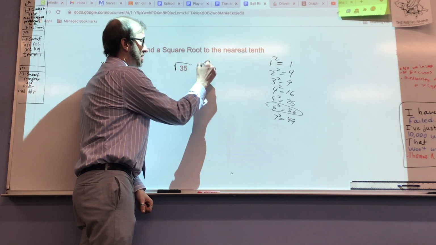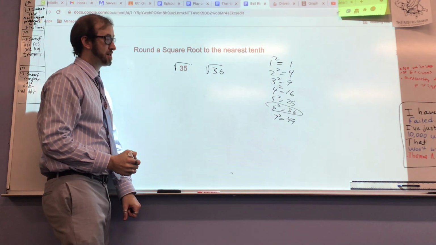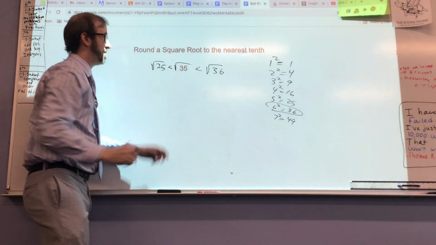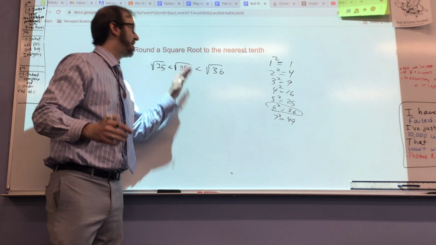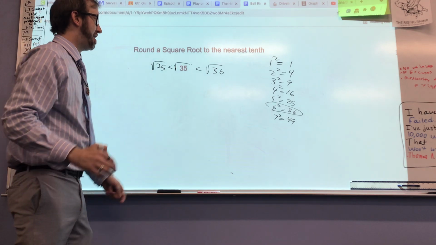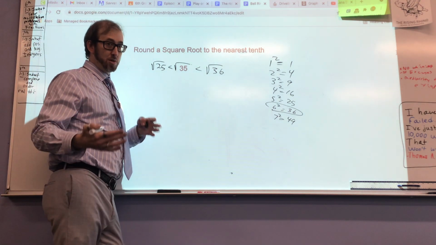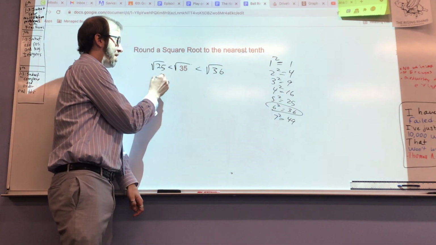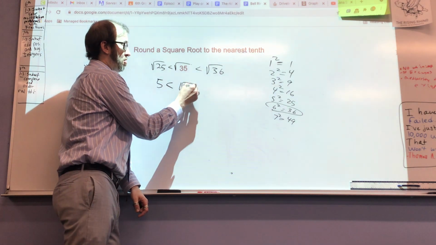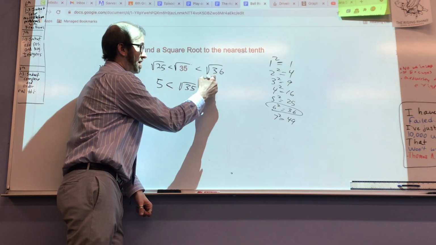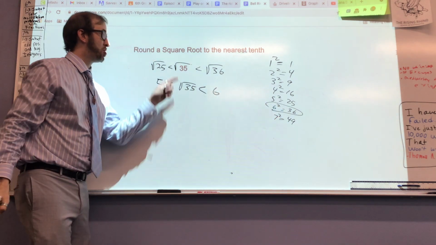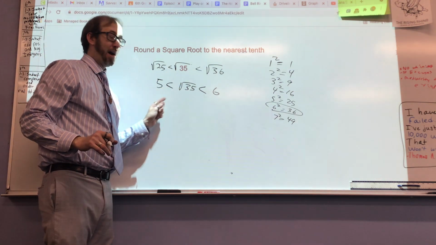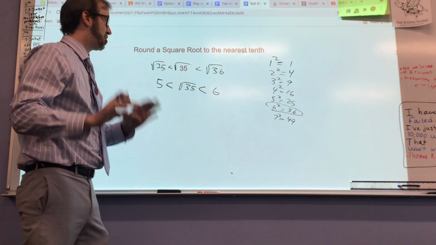So it's in between the square root of 25 and the square root of 36. So the square root of 25 is less than the square root of 35, which is less than the square root of 36. The square root of 25 gets you 5, and the square root of 36 is 6. So we know right now that the square root of 35 is between 5 and 6. That's the two whole numbers it's in between.